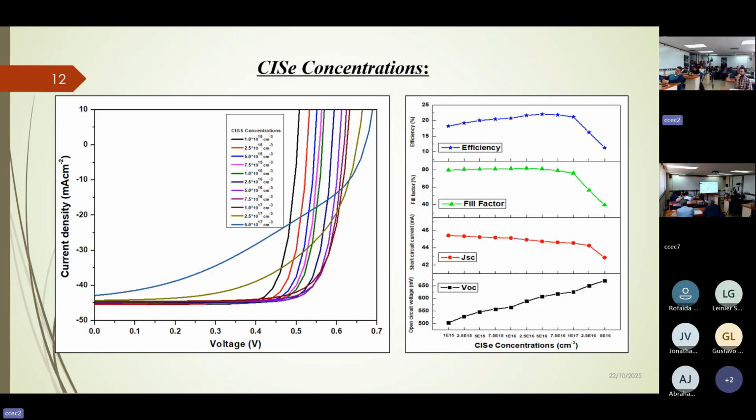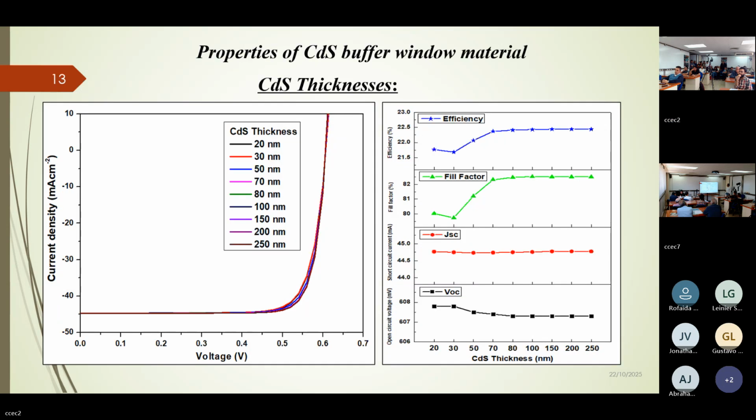But at high values the semiconducting material can have more defects, so the fill factor started to decrease and consequently efficiency was impacted. The maximum efficiency we have is at about 10 to the power 16 or 7.5 times 10 to the power 15. These two conditions have the best results.